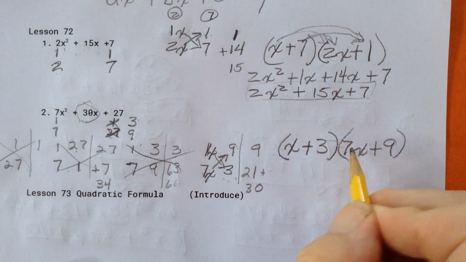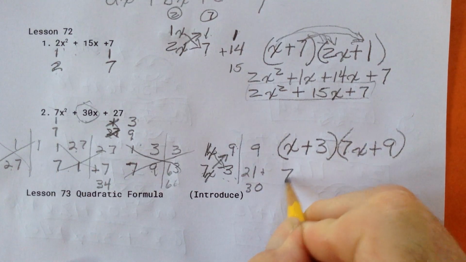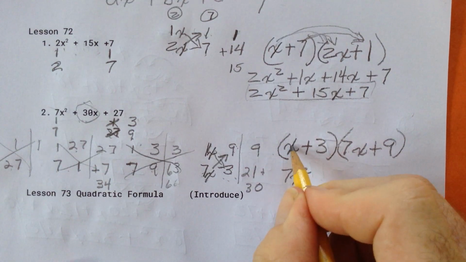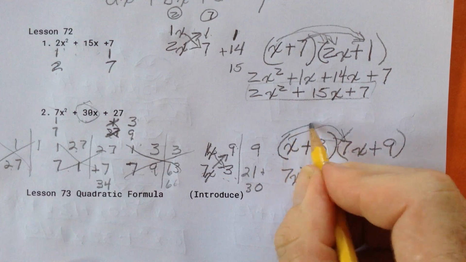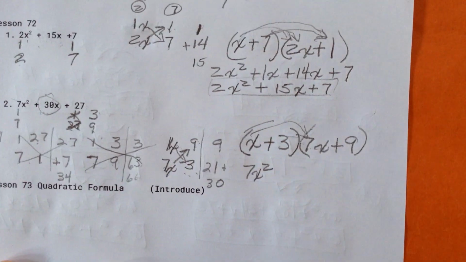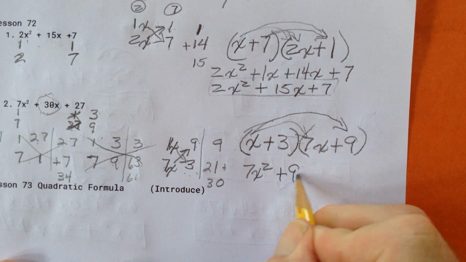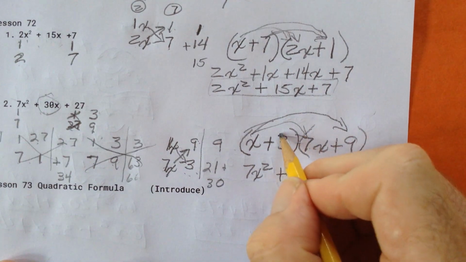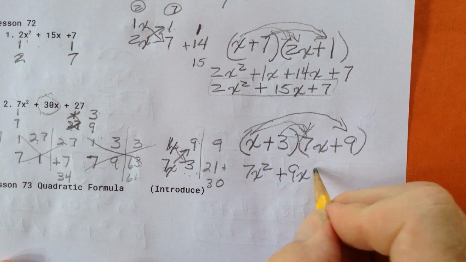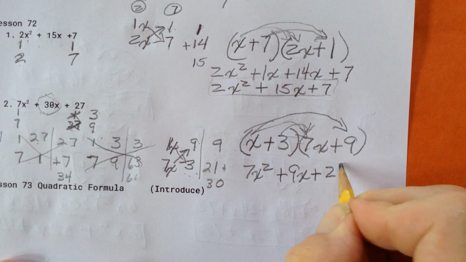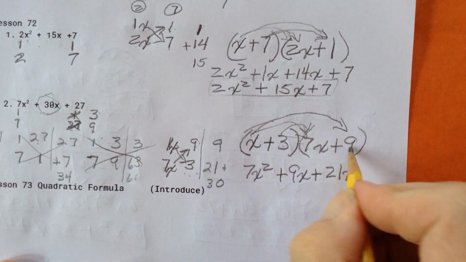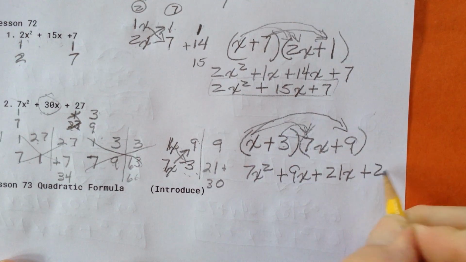I go x times 7x, that would be 7x squared. And then x times 9 would be positive 9x. And if I go 3 times 7x, that would be positive 21x. And then 3 times 9, there's my 27.